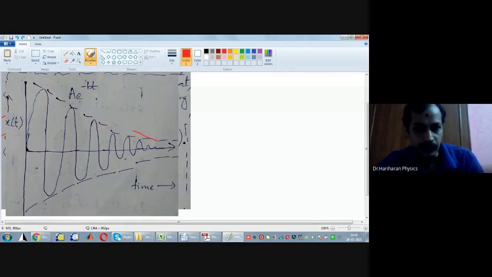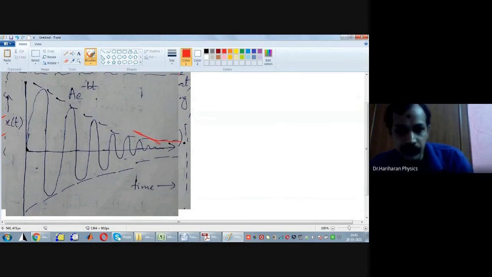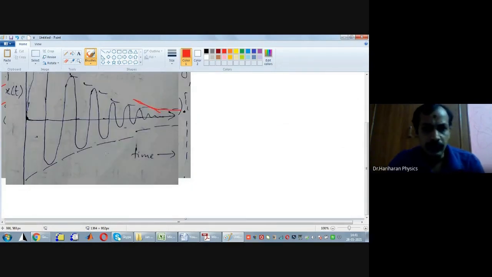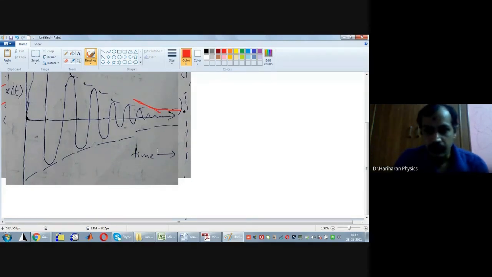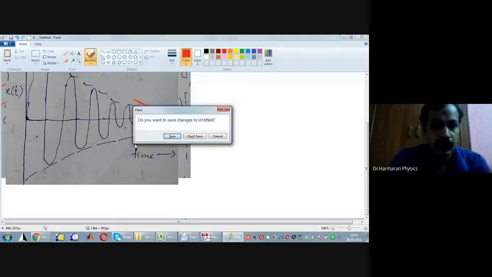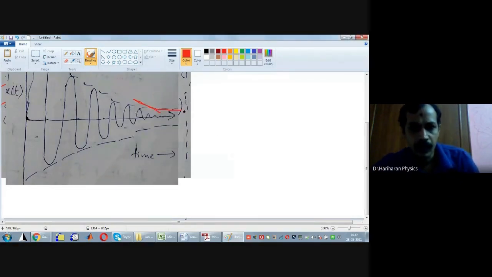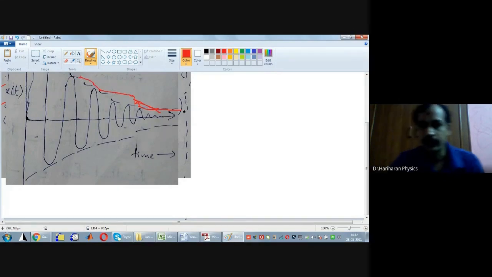Amplitude decreases with the time. Can you see here? Amplitude decreases with time.